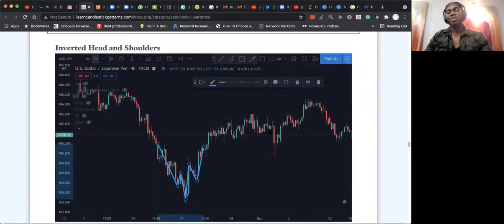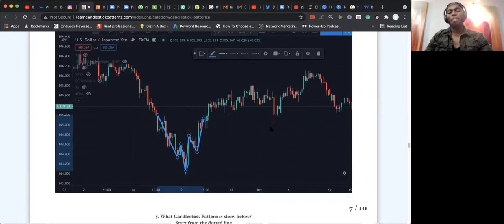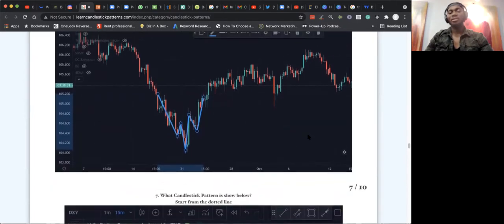An inverted head and shoulders pattern is, what is it? Looks like a bullish chart pattern. Okay.